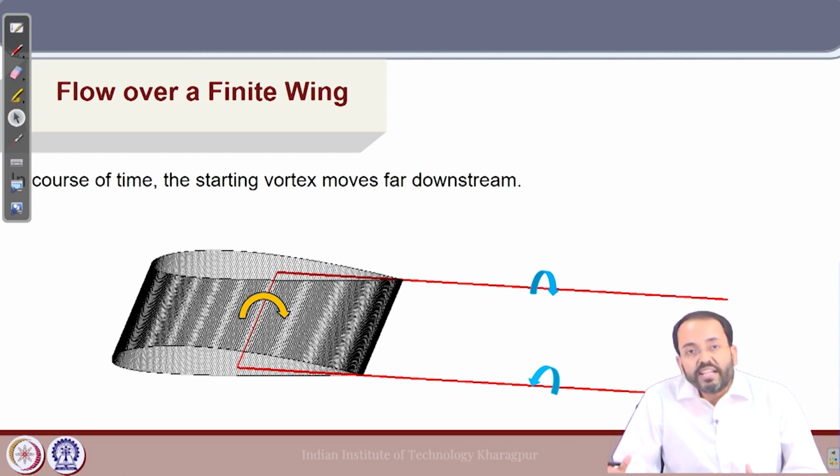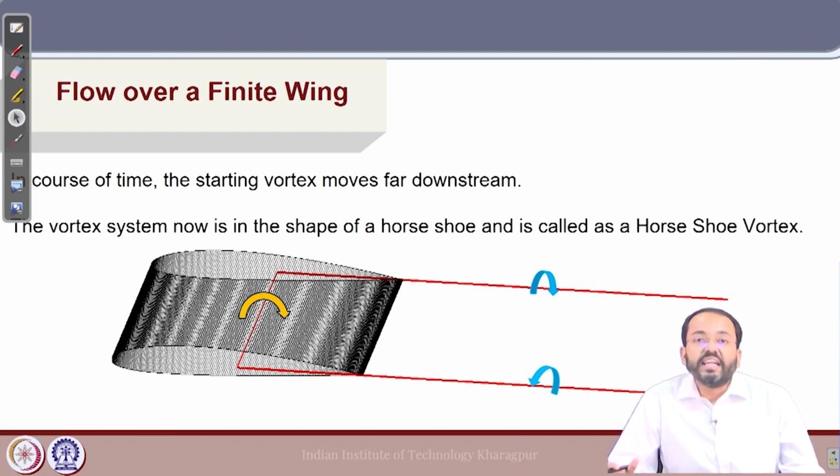So, finally, the vortex system around a finite airfoil looks like a horseshoe structure. So, this horseshoe vortex structure is shown here, which consists of the bound vortex and the two trailing vortices from the two ends of span of the finite airfoil.